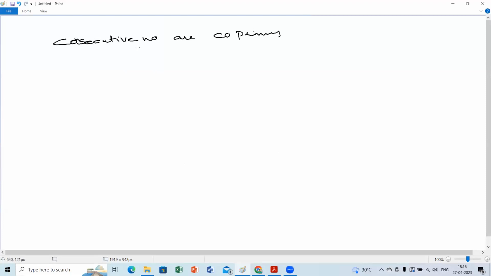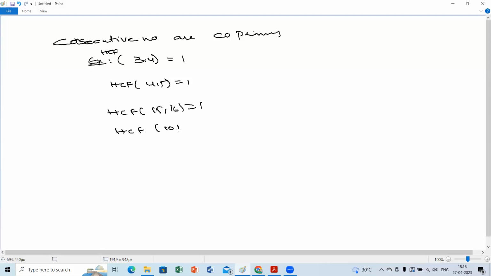Examples, if you want, you can write: HCF of 3 and 4 is 1. HCF of 4 and 5 is 1. HCF of 15 and 16 is 1. HCF of 100 and 101 is 1, and not only these, any consecutive numbers.